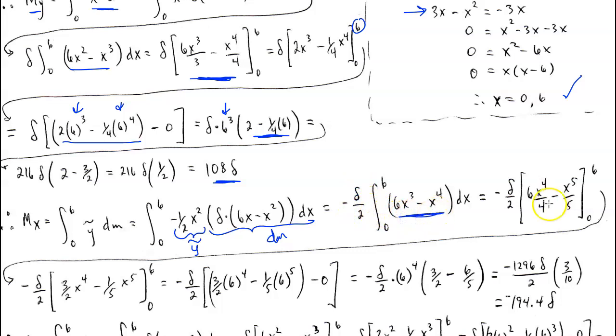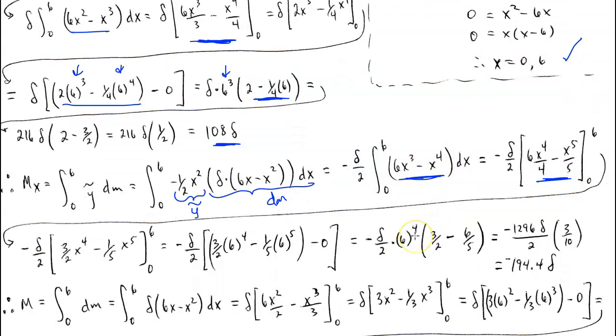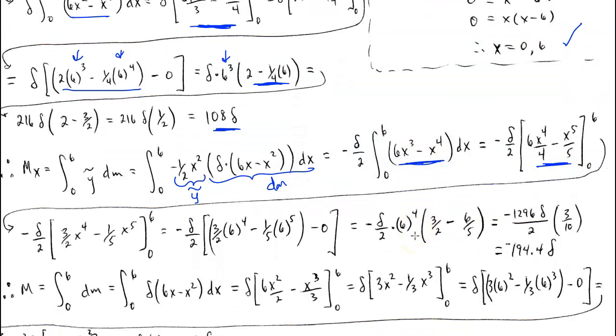We have this remaining, the 6x cubed minus x raised to the 4. And then we just take the antiderivative and evaluate at 6 minus evaluate at 0. And of course, we do all that arithmetic, and we'll see that we end up with a negative 1,296 over 2 times delta times this 3/10 here. Put that in decimal form, it would just be a negative 194.4. Okay.